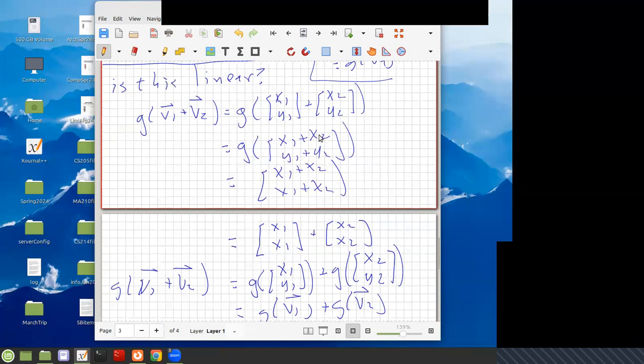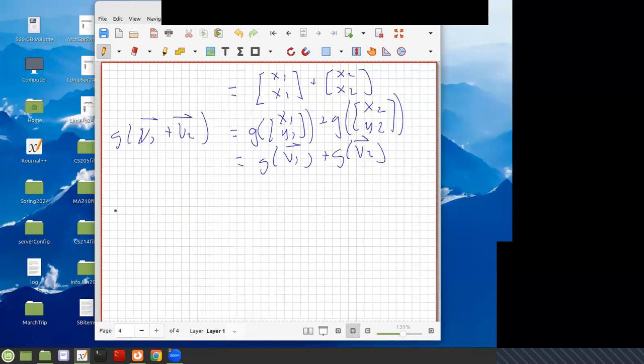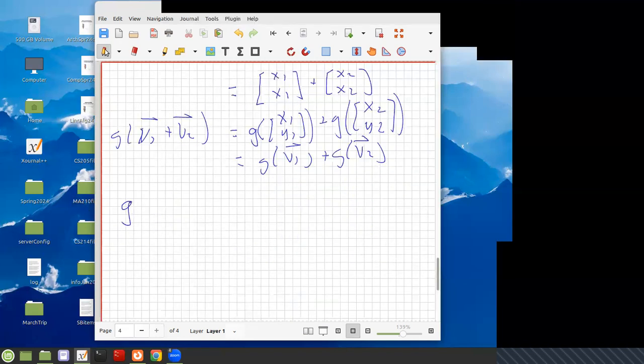We put it in a form where we can apply the map G. We've applied the map G. Then we undid this vector sum, which is actually in the codomain, so to speak. And then we sort of reversed it to find, oh, this is the image of X1, Y1. So we managed to show that the first property is linear. And if we do the second property, Will, you have a question?